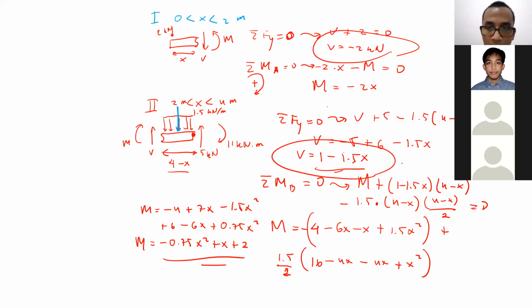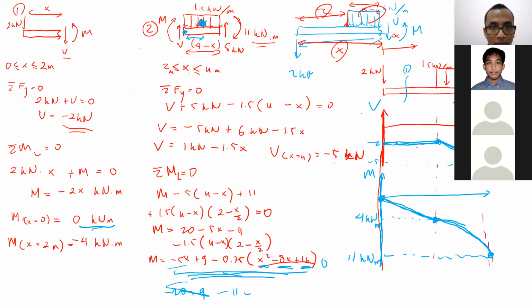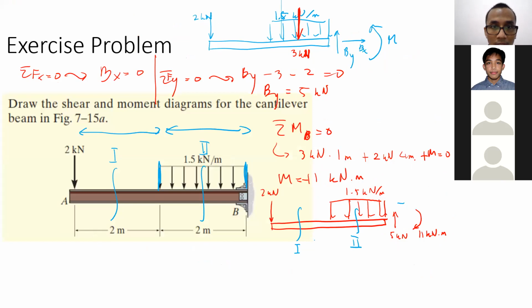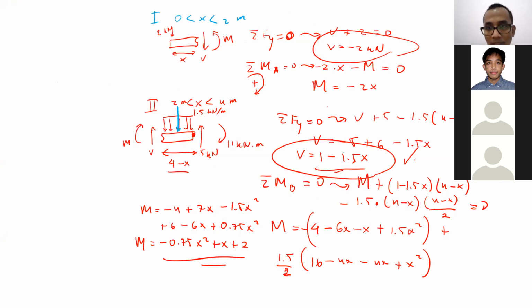Most likely there is a wrong calculation here, but the graph, oh yeah, right, that one is not wrong. 1 minus 1.5x, so at the beginning, x equal to 2 meters, it's supposed to be minus 2, because you put x equal to 2 there, and at the end x equal to 4, it is supposed to be minus 5, right?